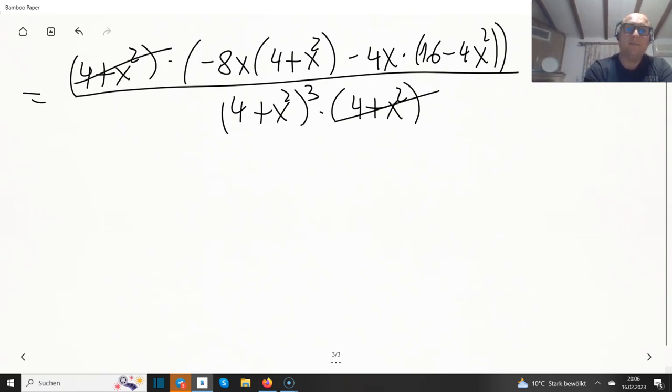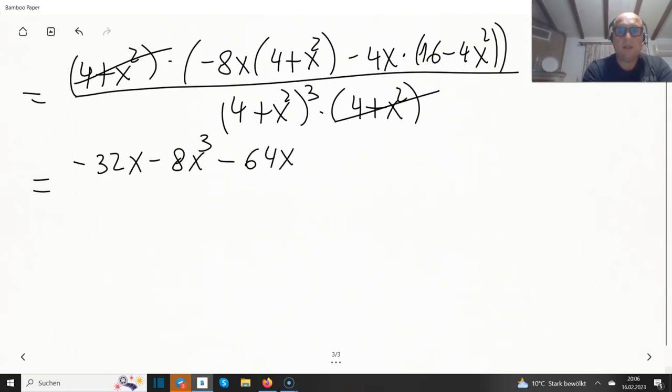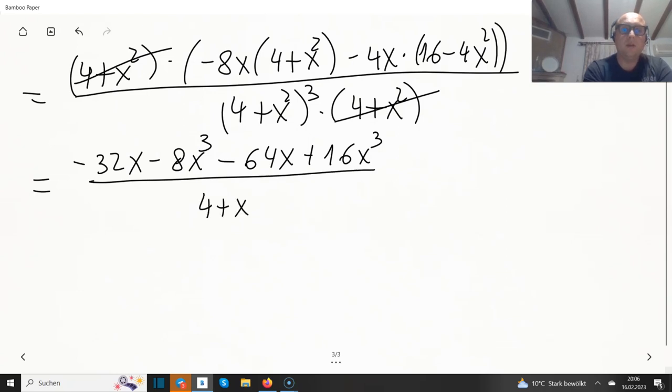Let's cancel it. All right, now let's multiply it out in the numerator. So we're going to get minus 32x minus 8x cubed minus 64x plus 16x cubed divided over 4 plus x squared, cubed.